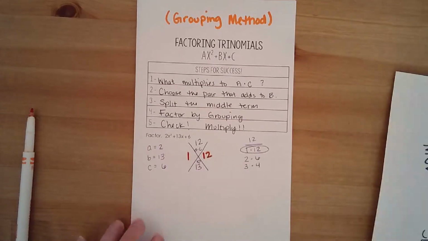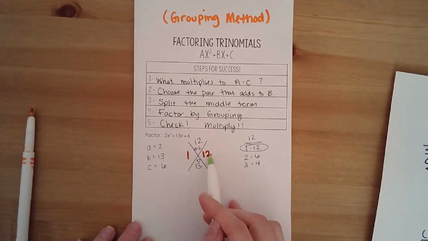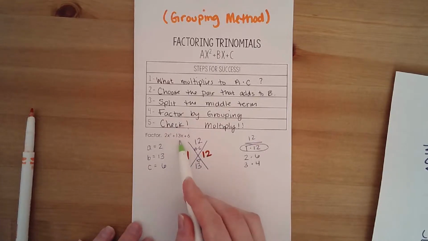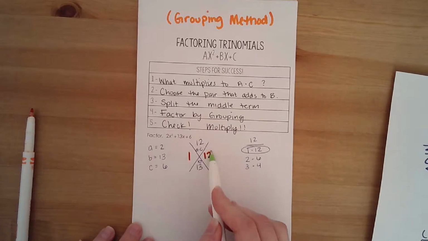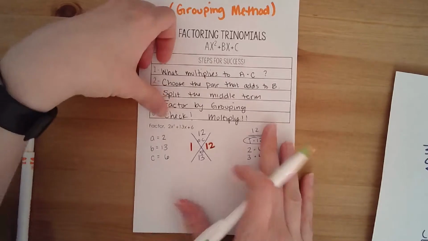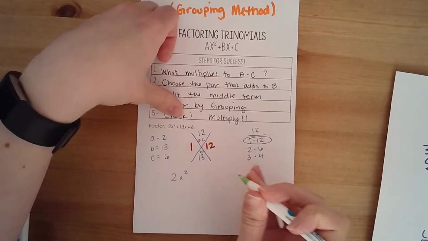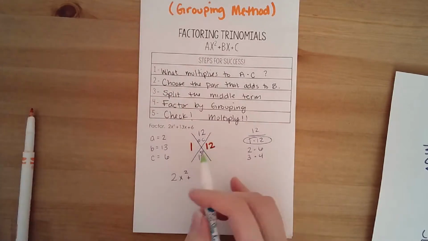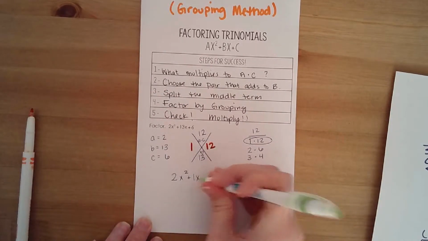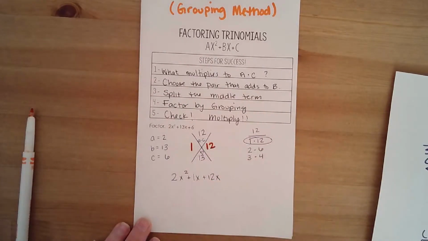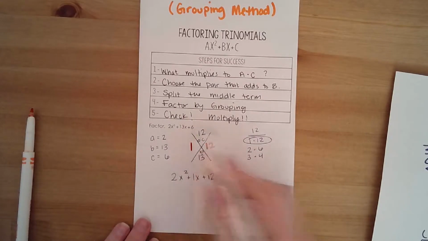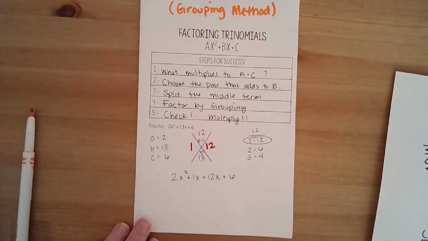In this problem, my two terms that added together to give me b were 1x and 12x. So I know I have a 2x squared. That's my first term. And now I know that my middle term came from 1x plus 12x. And I know the last term here was positive 6.